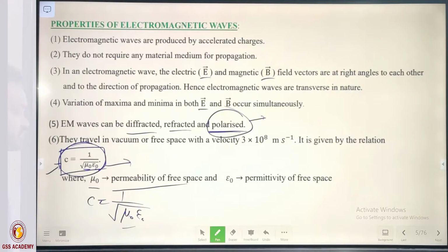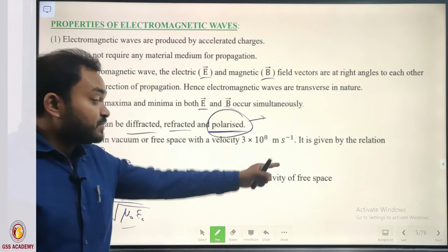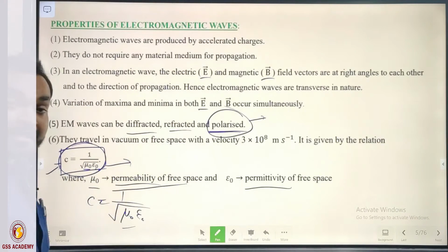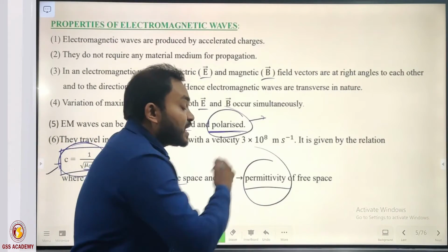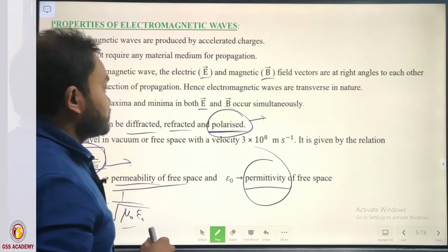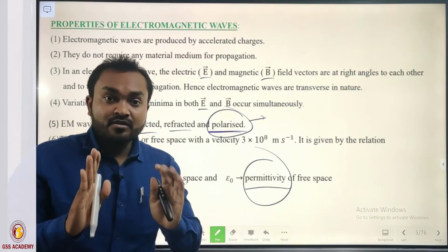Mu 0 is the permeability of free space and epsilon 0 is the permittivity of free space. One is permeability, another is permittivity, so try to remember. These are basically the properties of electromagnetic waves.